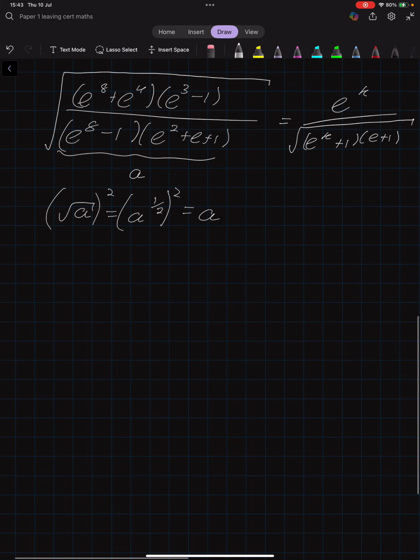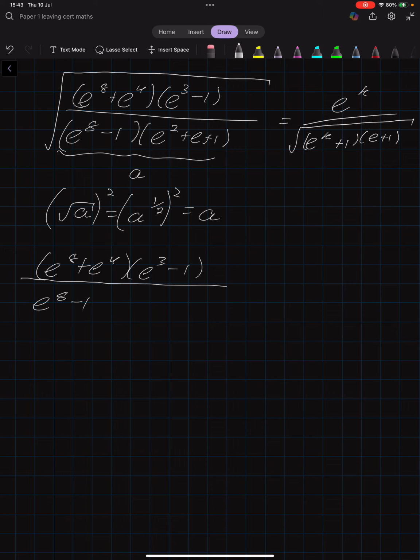So if I square the left-hand side, I get e to the 8 plus e to the 4, e cubed minus 1, all over e to the 8 minus 1, e squared plus e plus 1, equals. If I square this, I get e to the k squared, and on the bottom, the square root just disappears. So it's e to the k plus 1, e plus 1. Okay?